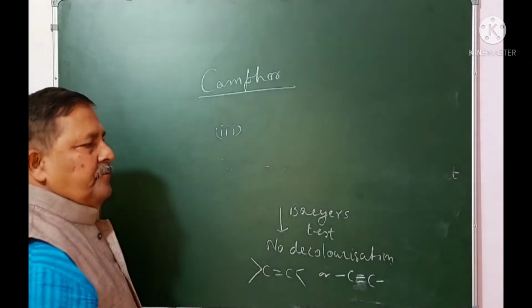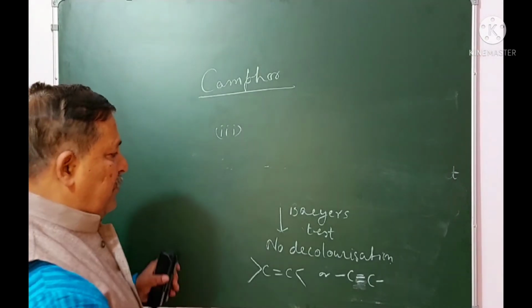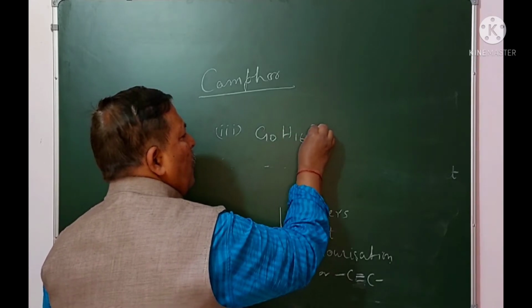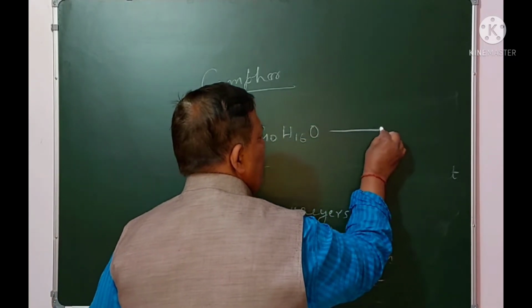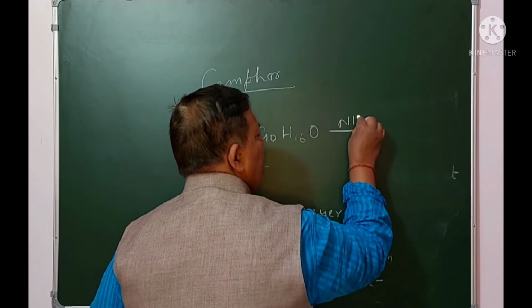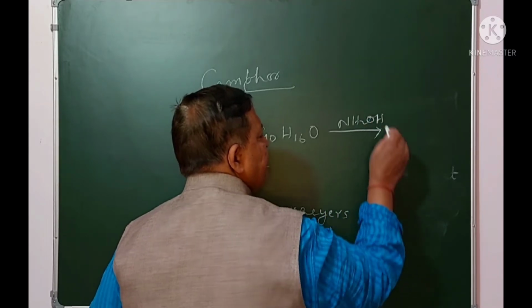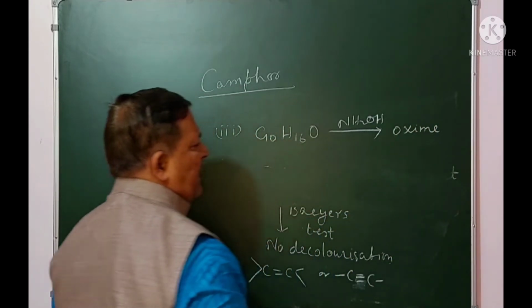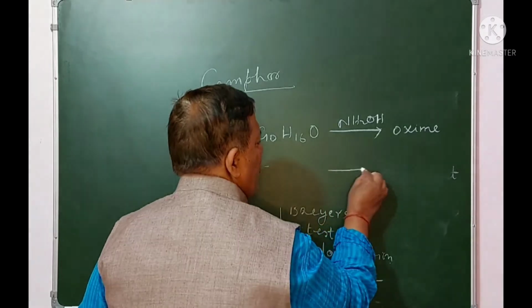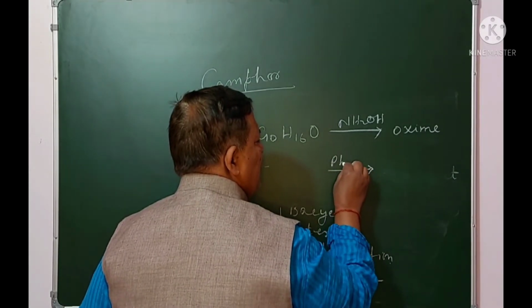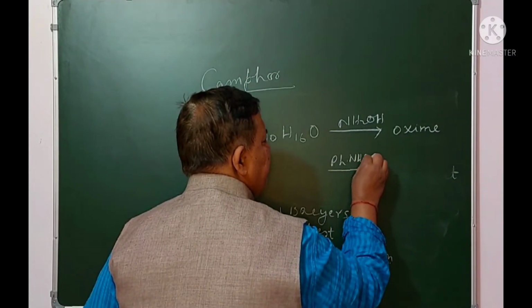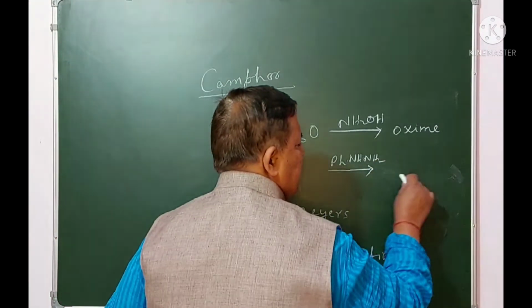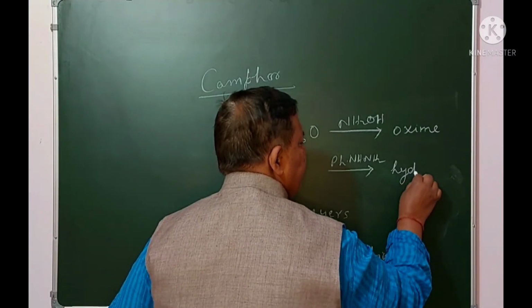Number 3. The compound C10H16O, when allowed to react with hydroxylamine, gives oxime. When allowed to react with phenylhydrazine, the compound gives hydrazone.